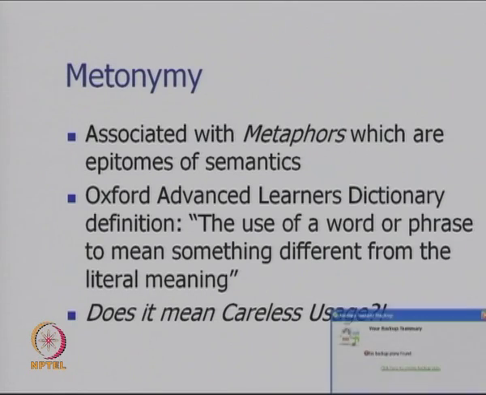The Oxford Advanced Learner's Dictionary definition is: the use of a word or phrase to mean something different from the literal meaning. It does not mean careless usage, though there is a question here: does it mean careless usage? Not anybody and everybody can produce metonymy.